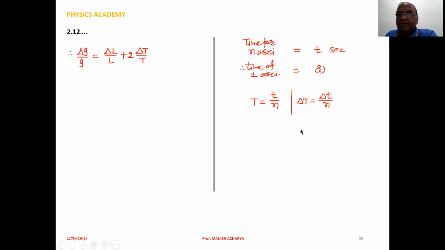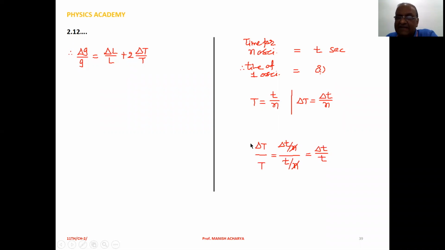Now, if we take the ratio of these two equations, then delta T by T is equal to delta small t by n divided by small t by n.